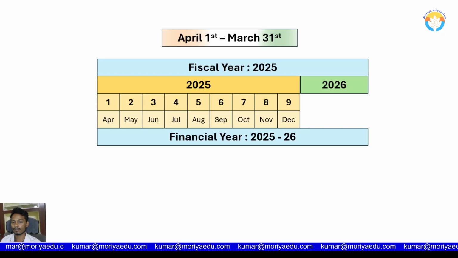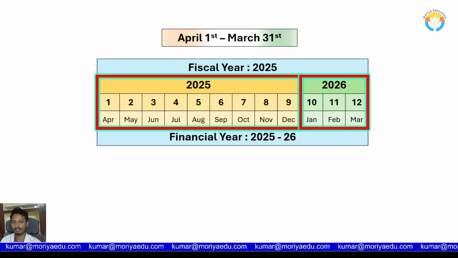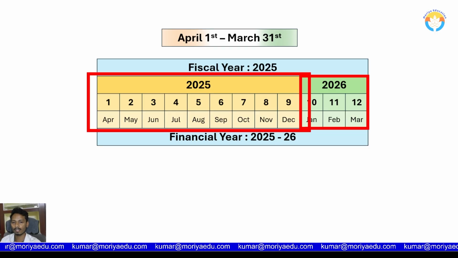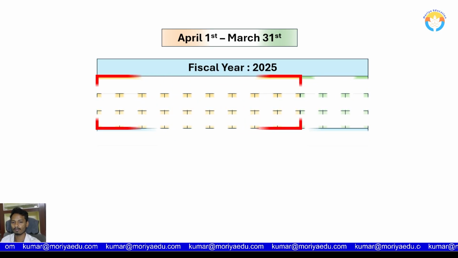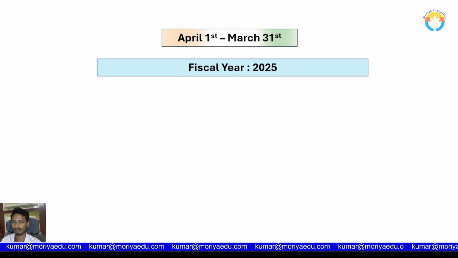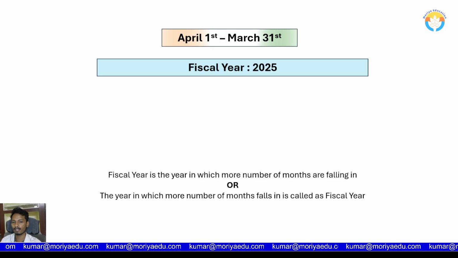And in the year 2026, we only have 3 months, January, February and March. Now, if we compare, year 2025 has more months than year 2026. So the fiscal year will be 2025 because the rule says that the fiscal year is the year in which more months fall.